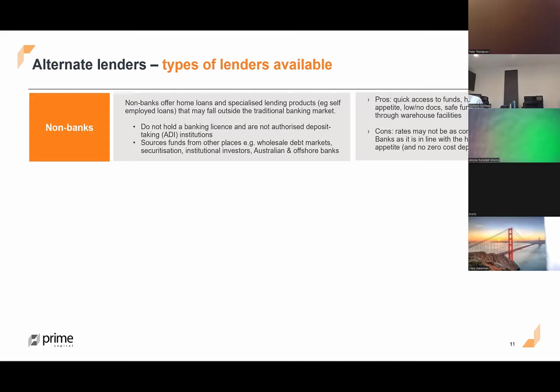We're very quick, very nimble, and luckily for me, I've got delegation, so I approve your clients' loans up to 10 million myself. So we operate very differently to banks. We provide approvals within 24 hours and we can settle as fast as 5 business days. And we don't require any financials. So we don't care about your client's past history, their trading history. We just lend against their properties and it's self-declared income.